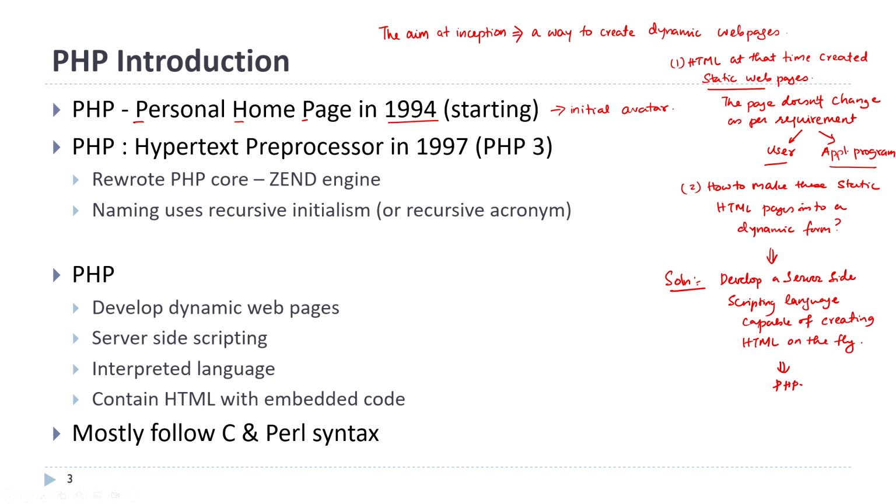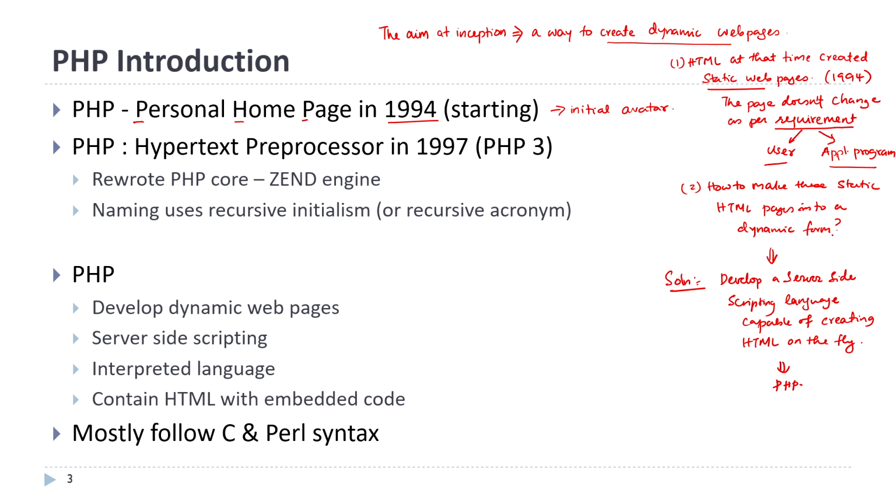If you think about it, we wanted to create dynamic web pages, but in 1994, HTML resulted in static web pages. The web page content did not change once you created it. But there were times when the user or the application program required the web page content to change or be dynamic.